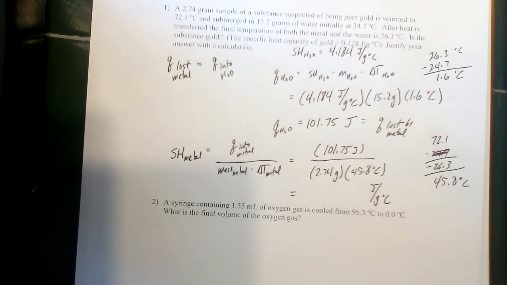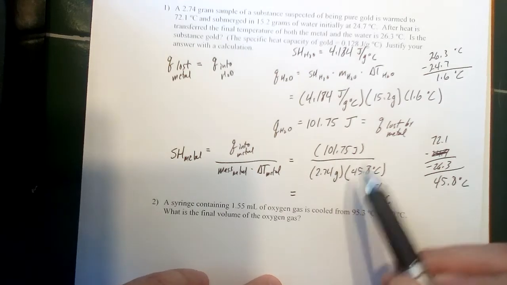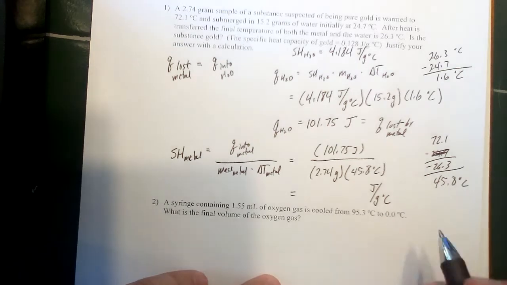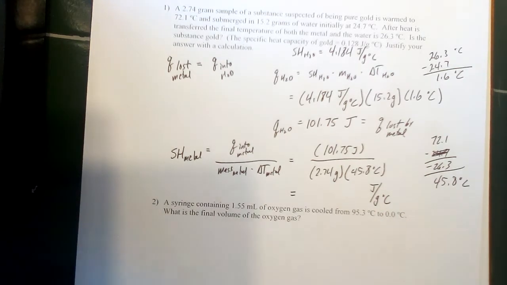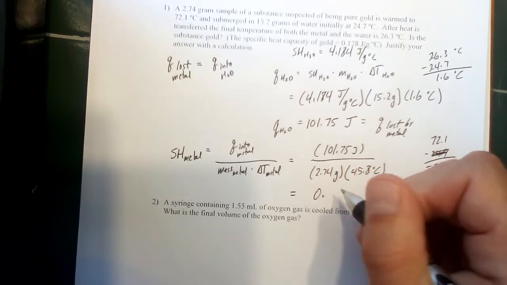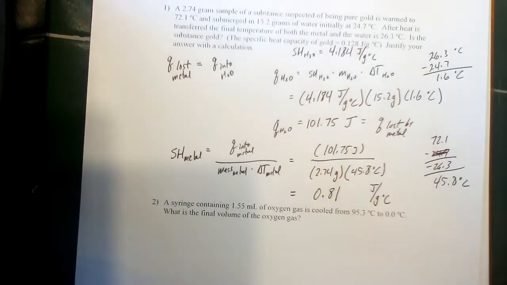That's actually a common math mistake that people make with this type of problem. If you punch this in a little carelessly, you can end up multiplying by 45.8 instead of dividing this number by 45.8. So either be careful how you do it or use extra brackets if you need to get it punched in right. This comes out to be 0.81 joules per gram degree C.